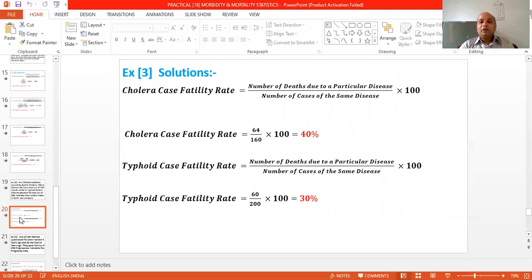Cholera case fatality rate is equal to number of deaths due to a particular disease upon number of cases of the same disease into 100. Then the cholera case fatality rate is 40%. Then typhoid case fatality rate is equal to number of deaths due to a particular disease upon number of cases of the same disease into 100. The typhoid case fatality rate is 30%.